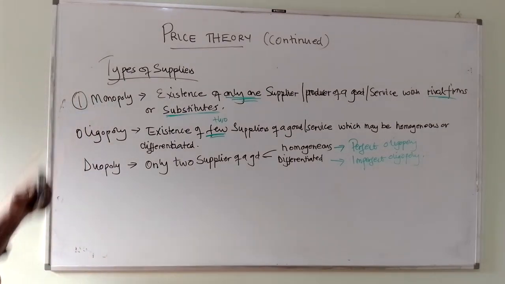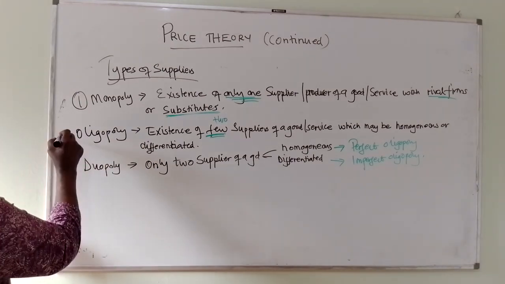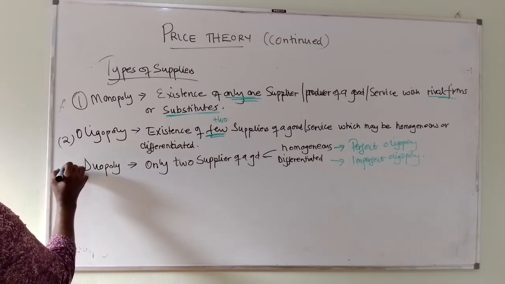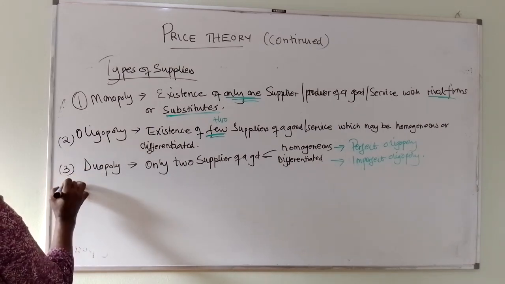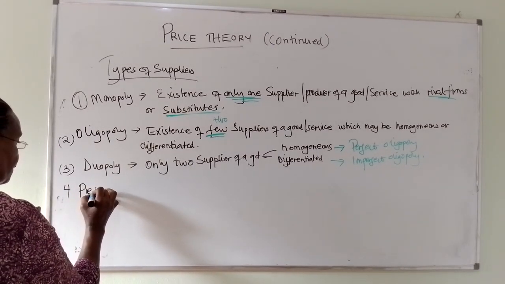So that is monopoly. Our number 2 was oligopoly. And then number 3 was duopoly. Then in number 4 we have perfect competition.